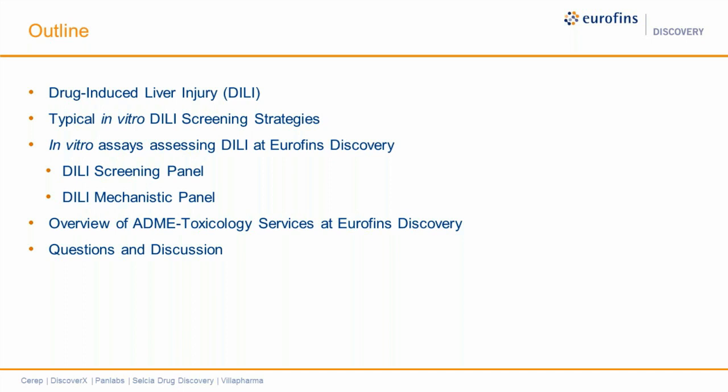Those are the DILI screening panel and the DILI mechanistic panel. I will talk in detail about the assays in the two panels and the utility of the panels in the early drug discovery process. Hopefully, after my presentation, I will have provided you with general information on what in vitro toxicology assays are important and useful to de-risk your drug candidate's DILI liability.